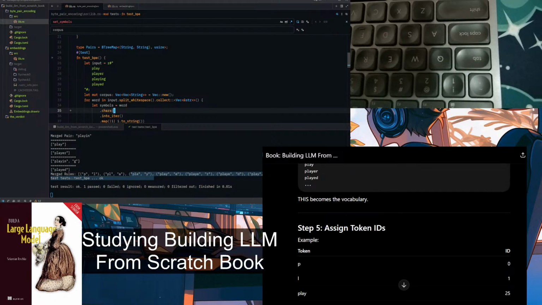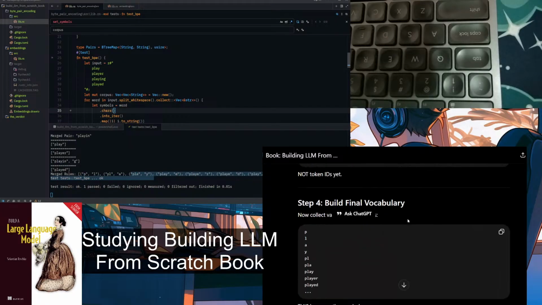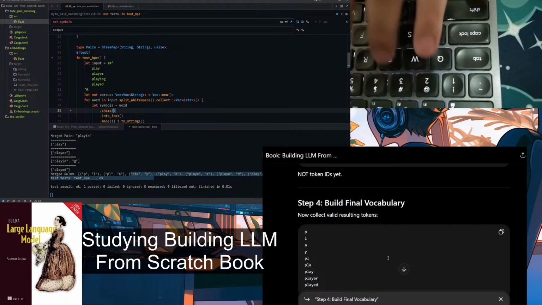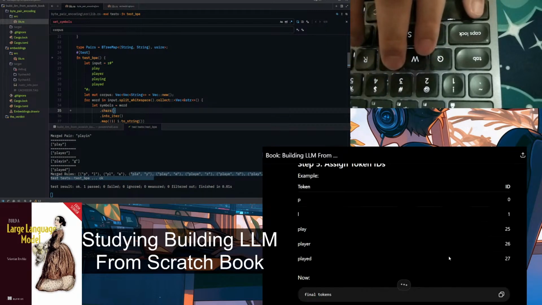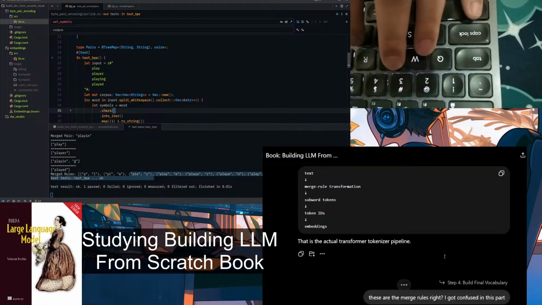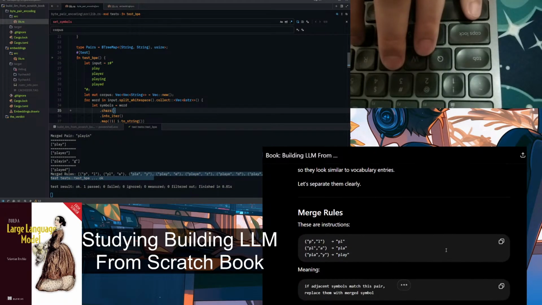Ito ko nalito. Assign token IDs. I got confused. These are the instructions.